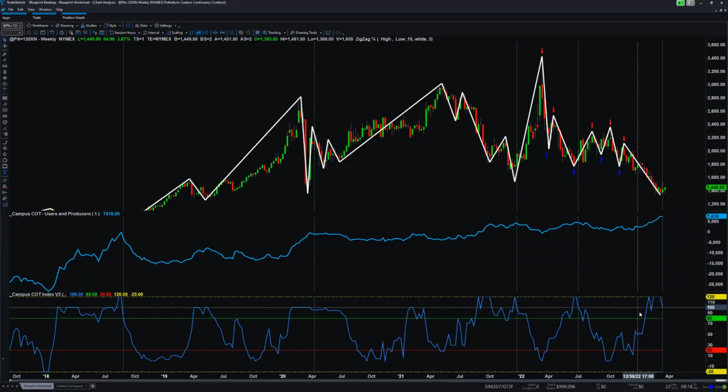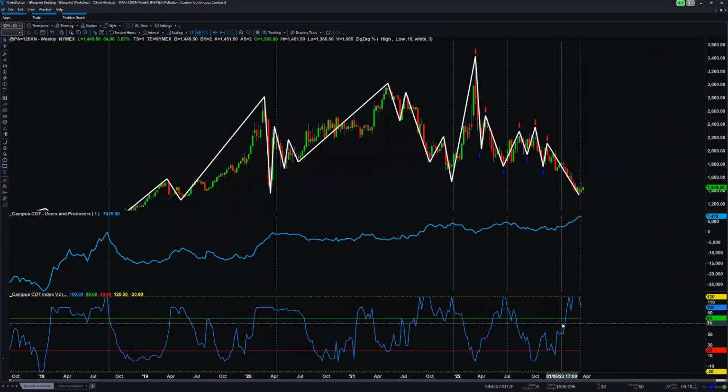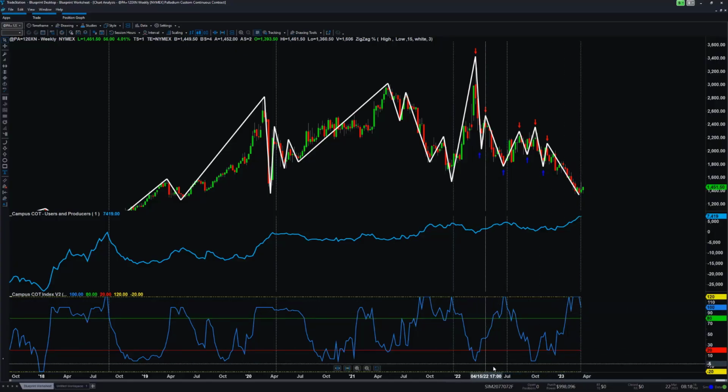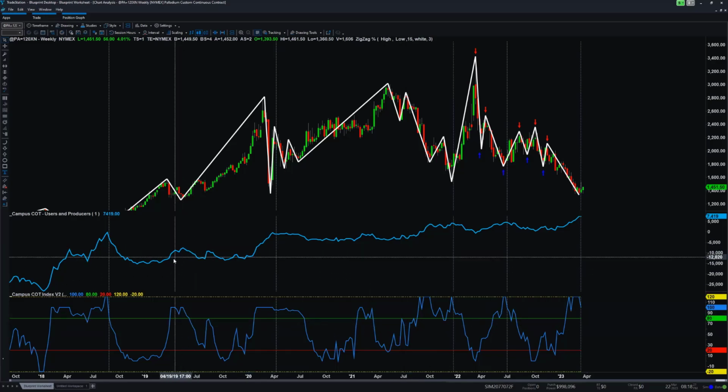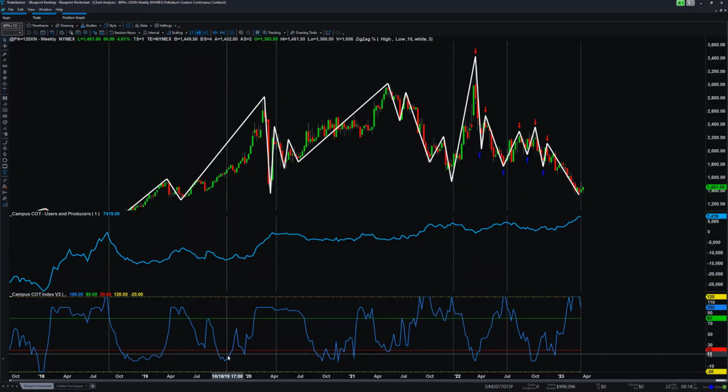So now we can see the commercials within an oscillator, within an index, and we're putting some boundaries, and by using a sophisticated calculation, we're making sense of whether they're at an extreme reading or whether they're at an extreme bullish reading or whether they're at an extreme bearish reading. And there's two extremes.